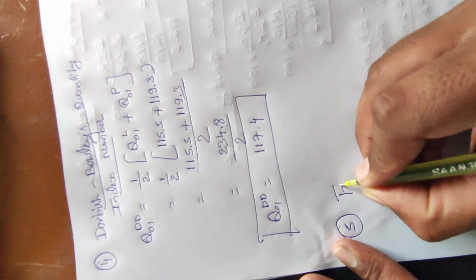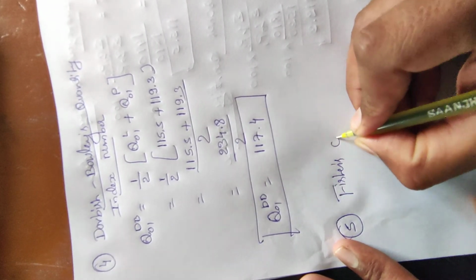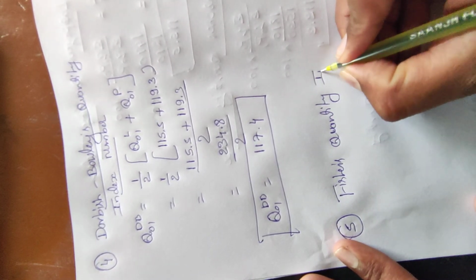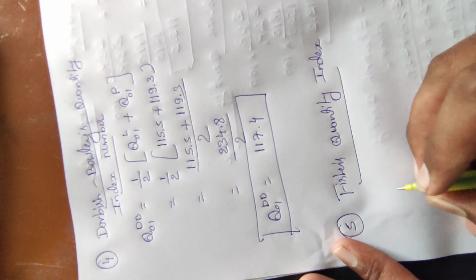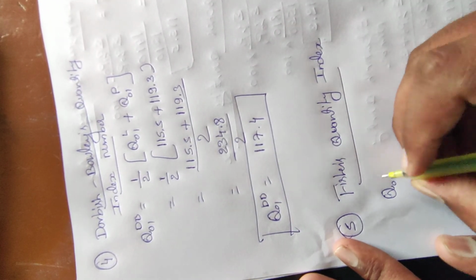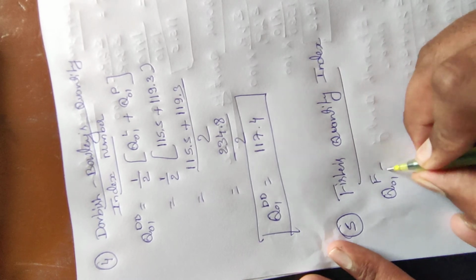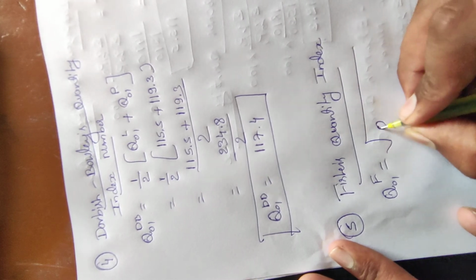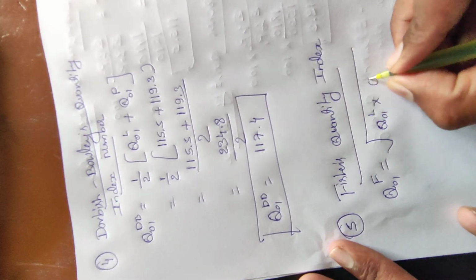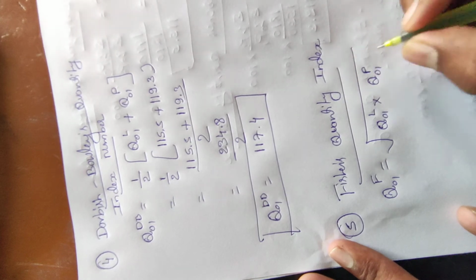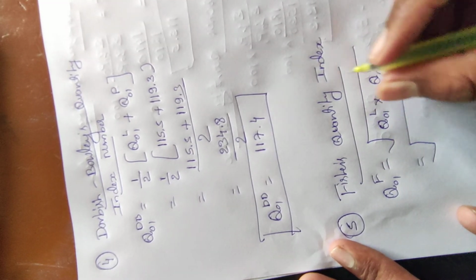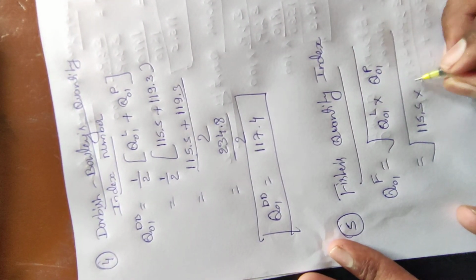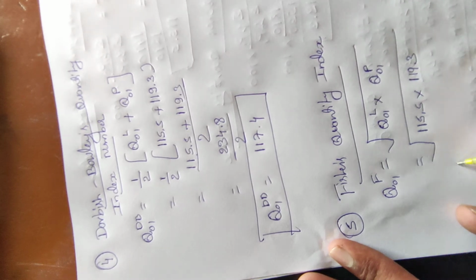Okay students, and the last method is Fisher's quantity index. Fisher's quantity index we can denote as Q01 F. The formula for Fisher's quantity index is the square root of Q01 L into Q01 P. The value of Q01 L we already know, 115.5, into 119.3.